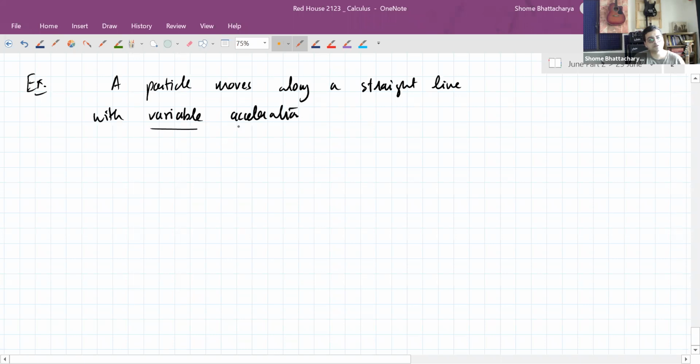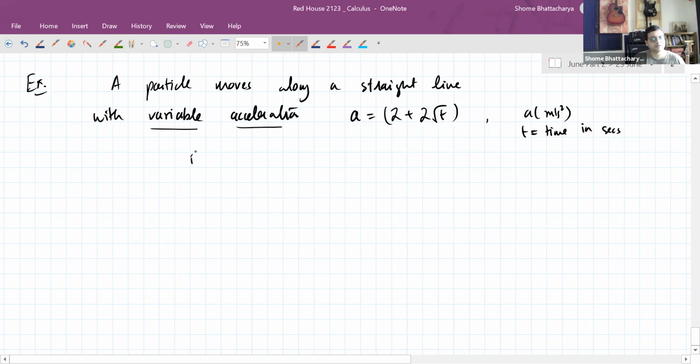So it's not a uniform acceleration, such that the variable acceleration is given by this relation, let's say 2 plus 2 times square root of t, where acceleration is in meters per second square and t is time in seconds.